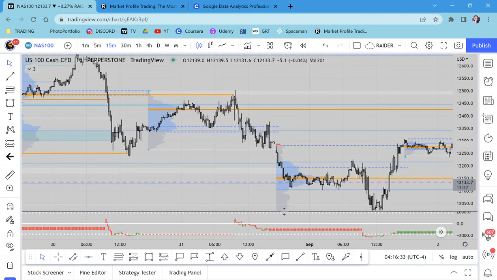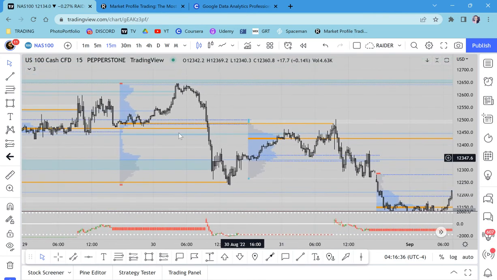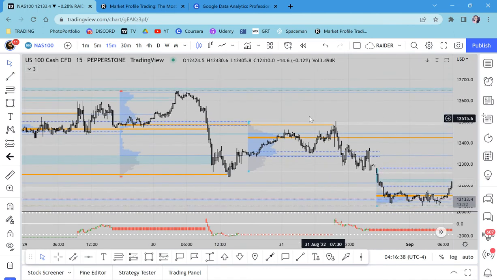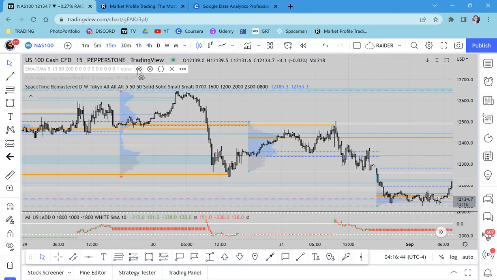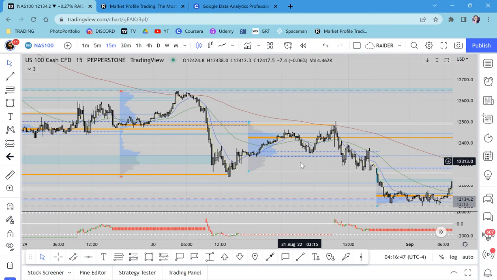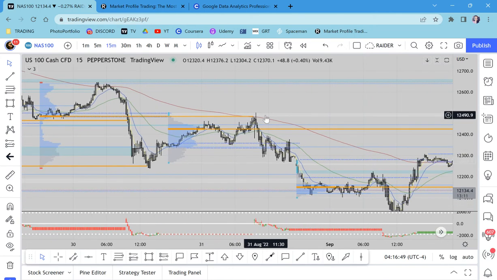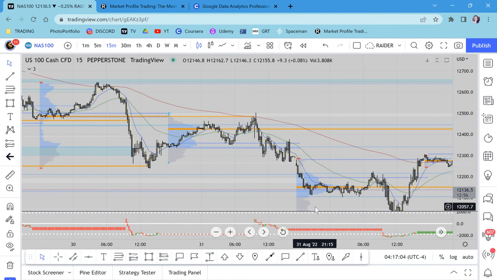But this is just looking at and understanding the market profile, because once you're doing everything, you can start getting confirmation with other indicators, with the ADD, or if we were to add the EMAs in there, we would have noticed, oh look, this POC area is touching my 200 EMA, which is this red line. I'm going to short it. I'm going to wait for all of my EMAs to go for a short position, for all of it to start fanning, then I would have shorted it.